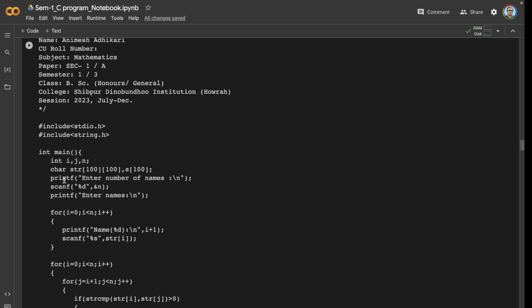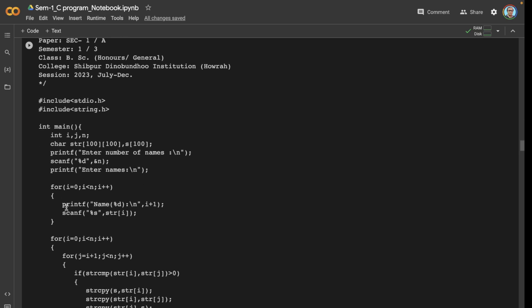Enter the number of names with scanf and printf. Enter the names: scanf with percent s for name 0 up to name n minus 1.